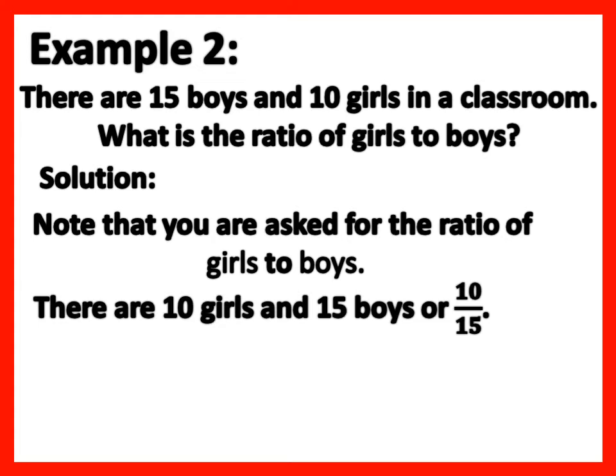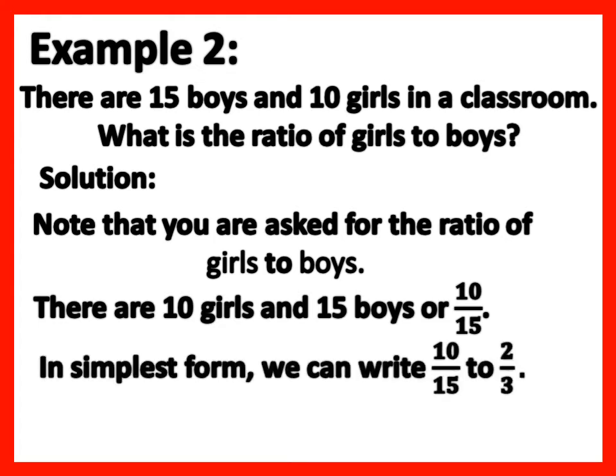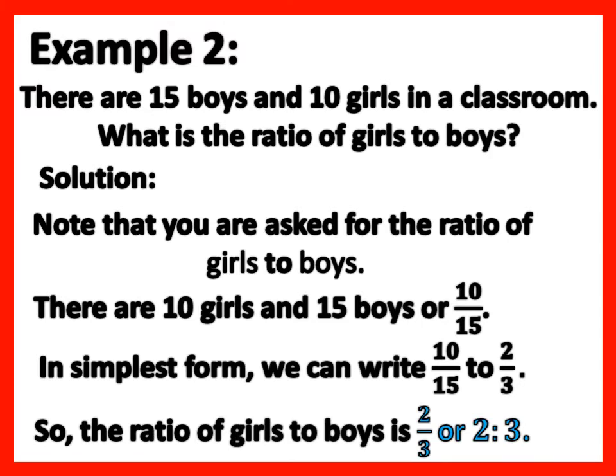Or in fractional notation, that is 10 over 15. In simplest form, we can write 10 over 15 as 2/3. Since there is a greatest common factor of 5, then 10 divided by 5 is 2 and 15 divided by 5 is 3. It is 2/3. So the ratio of girls to boys is 2/3 or 2:3. 2/3 is the fractional notation and 2:3 is the odds notation.